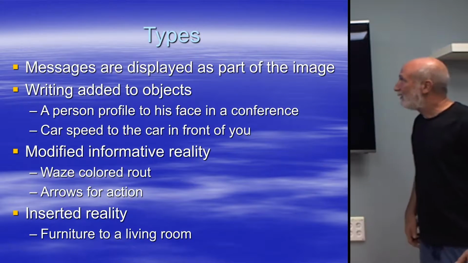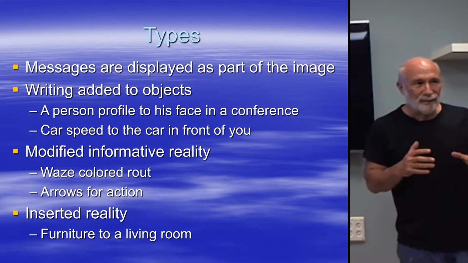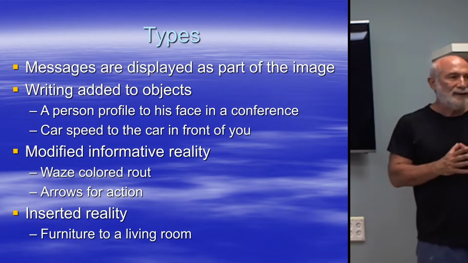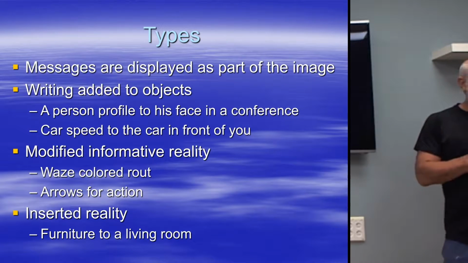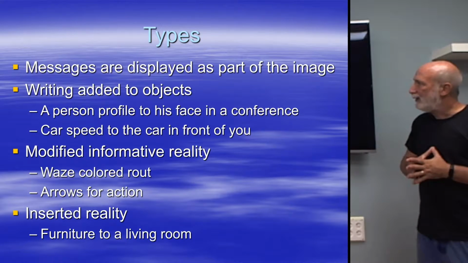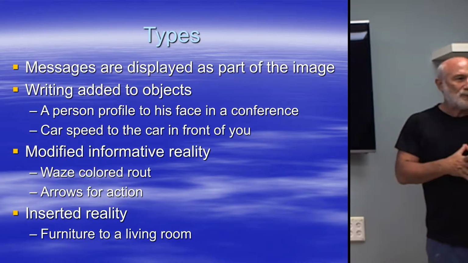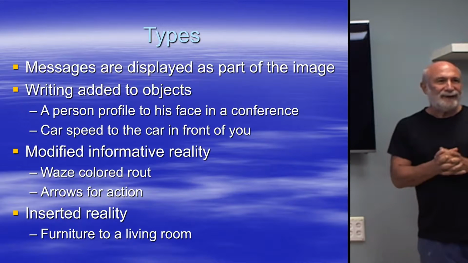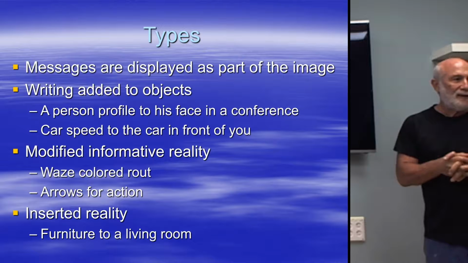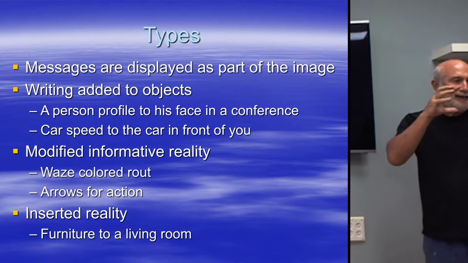The types of augmented reality. I gave here 4 types. You can come up with more. The first is the simplest one, which I really doubt can be called augmented reality. It is basically just adding messages to the image that you're seeing.